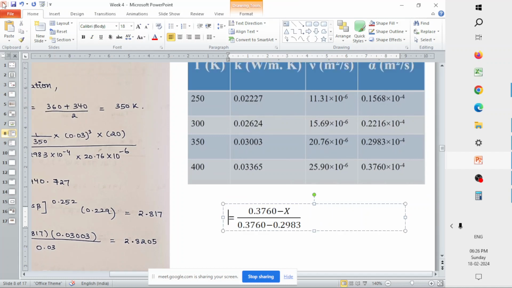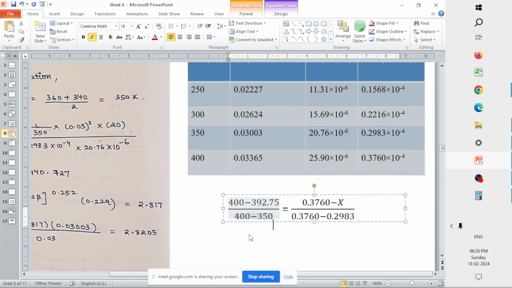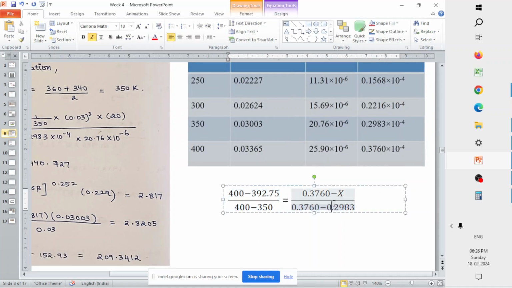So it will be (400 minus 392.75) divided by (400 minus 350). That's what we have actually taken. If you calculate, it's just taking it to that side.